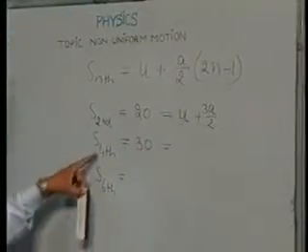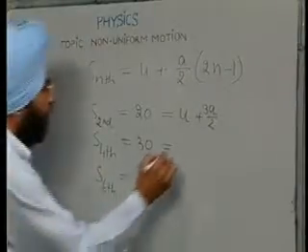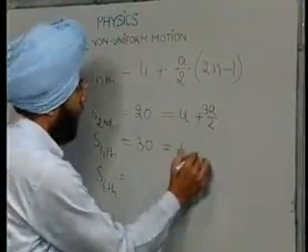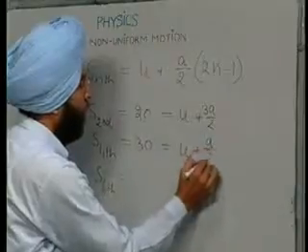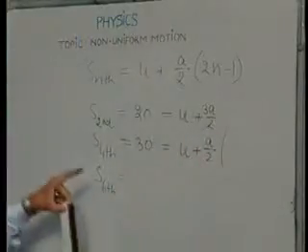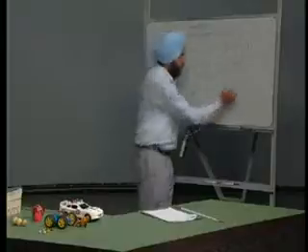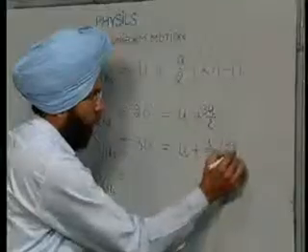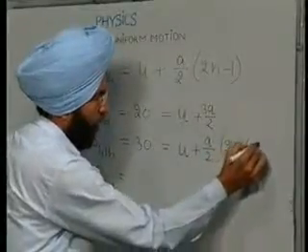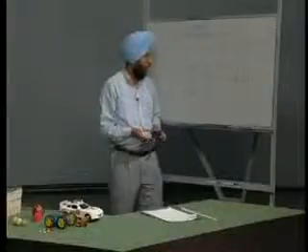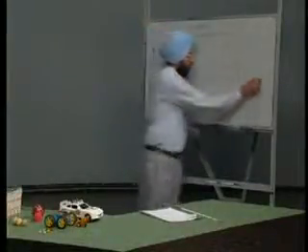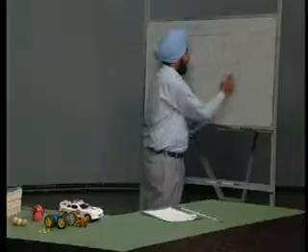Here n is equal to 4, so u plus a by 2 into 2 into 4 minus 1, which is 8 minus 1, 7 a by 2.